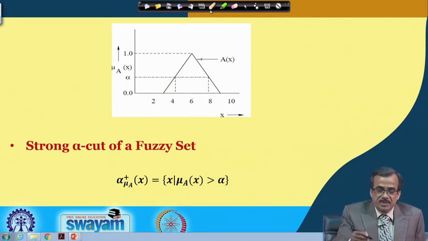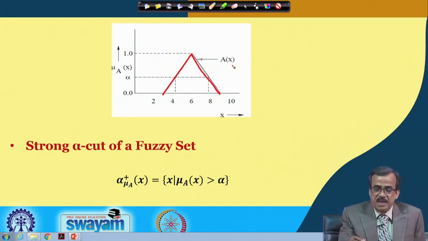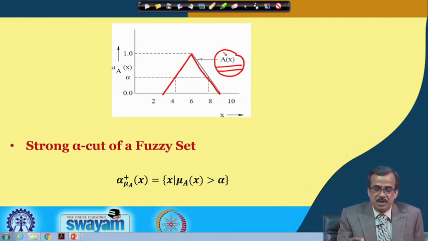Let me assume that this particular triangular membership function distribution represents a fuzzy set, and that is nothing but A(x).